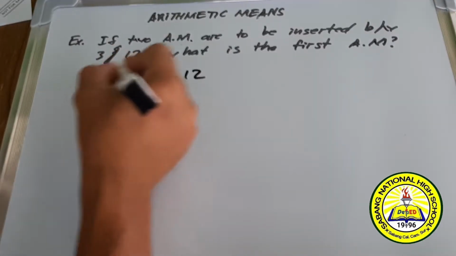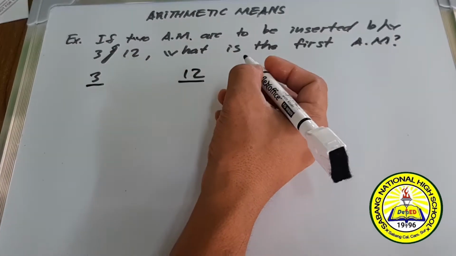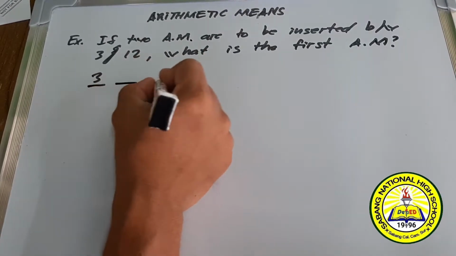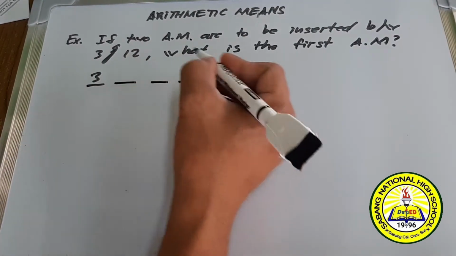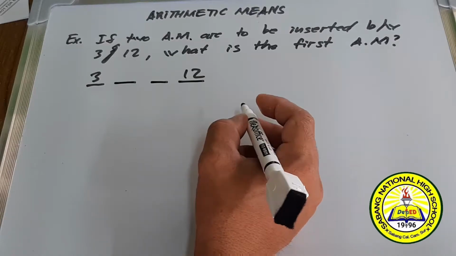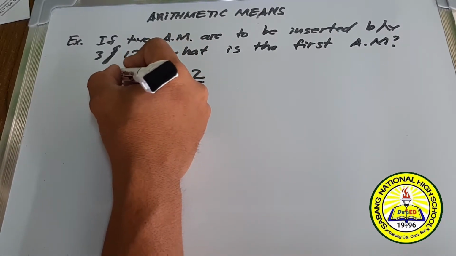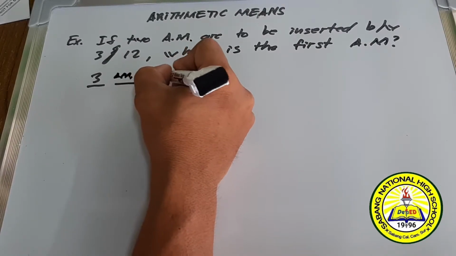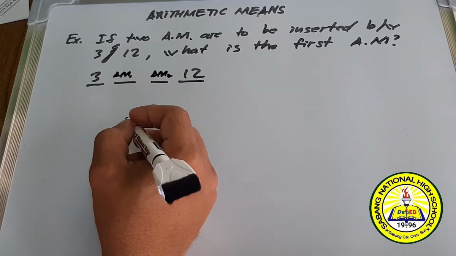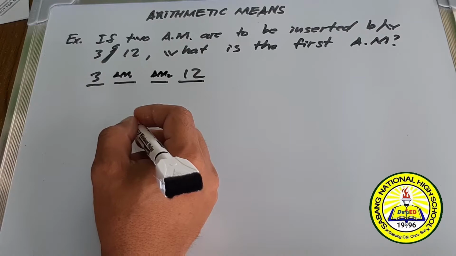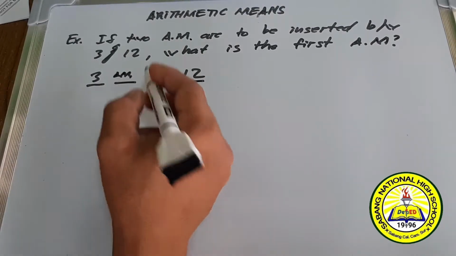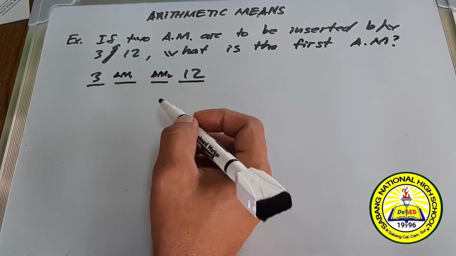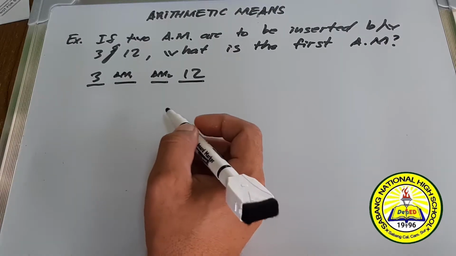So 3 and 12 are two numbers to be inserted with two more numbers which we call arithmetic means. This one is the first arithmetic mean, AM sub 1, and this one is the second arithmetic mean, AM sub 2. So how are we going to find AM sub 1? Because what is being asked is the first arithmetic mean.